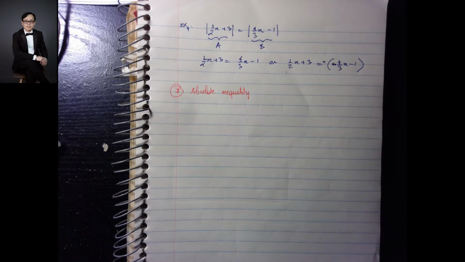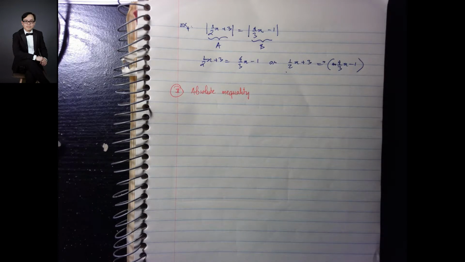Because the solution is just a bunch of numbers, we can represent it using interval notation, or graphically, or using an algebraic expression. So absolute inequality is just an inequality that contains absolute value.